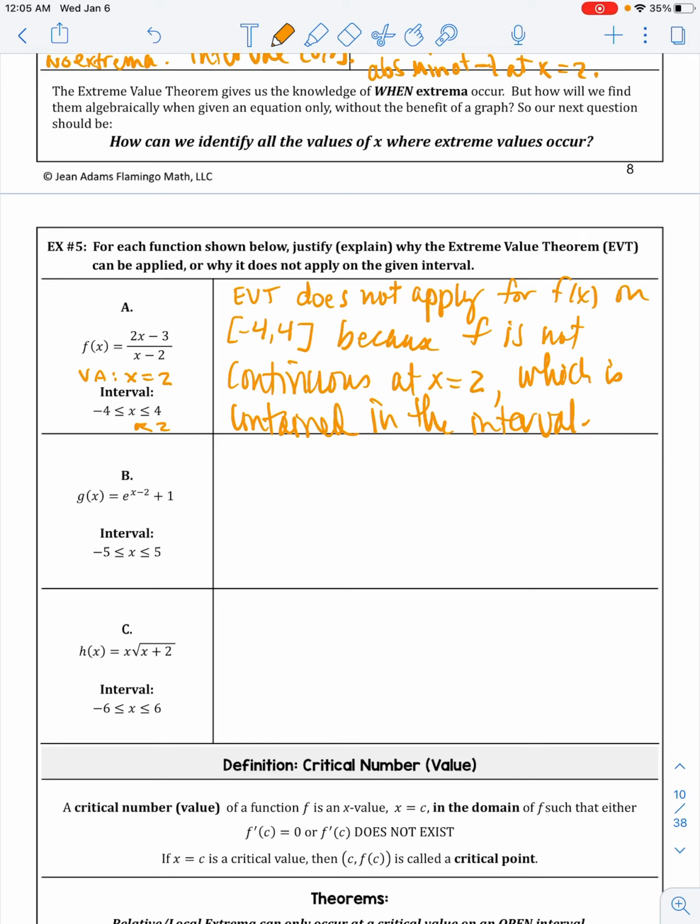And then we look at the next one, and I know that this exponential function is continuous for all x. And so when I look at it from negative 5 to 5, I think, okay, this one looks fine. I would say that g of x is continuous for all reals.